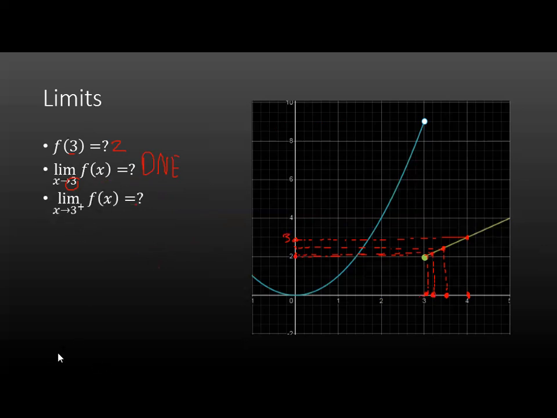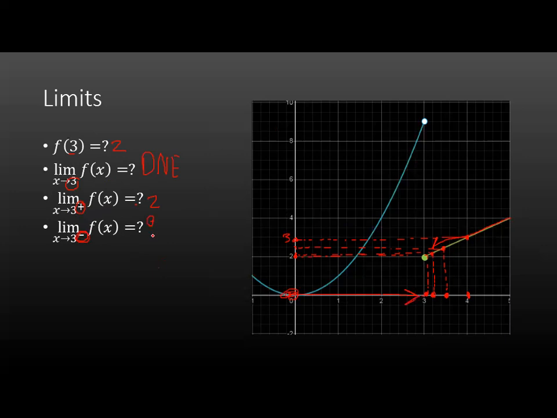By the way, if you see this one, like 3 raised to plus, that means the limit of the function as x approaches 3 from the right side, which is from here going there. So the answer here is 2, right? And here, the same thing, but we have the minus sign. That means the limit of the function as x approaches 3 from the left side, from the left going to 3.